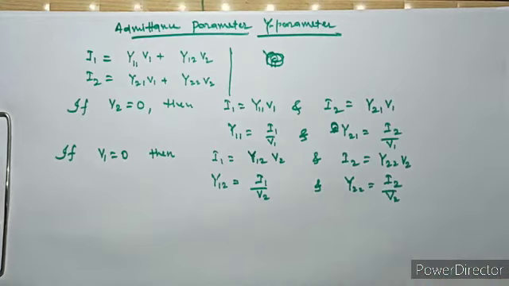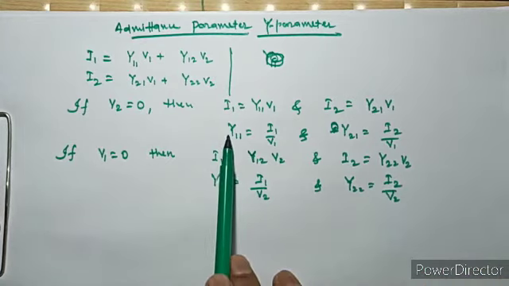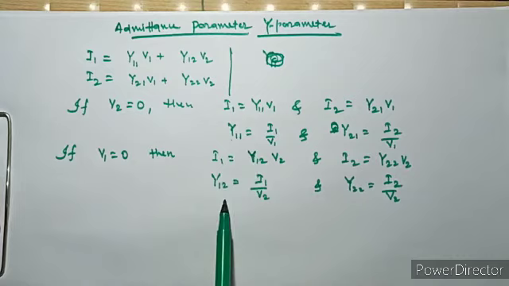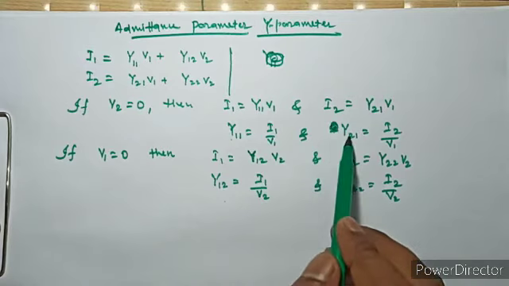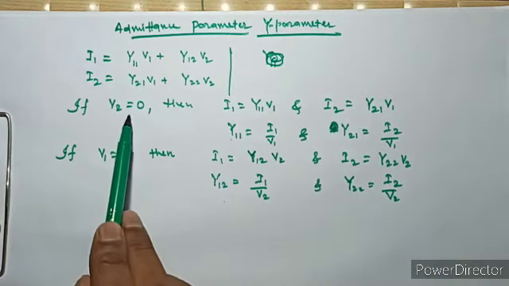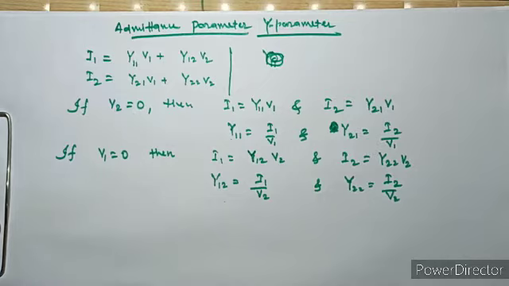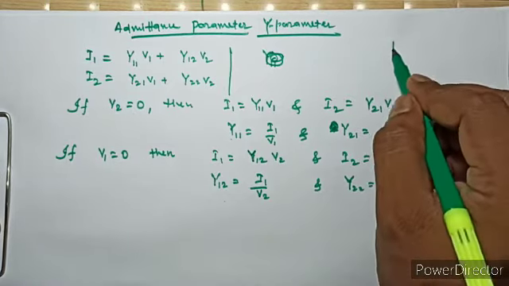Now see how we have got Y11, Y21, Y12, Y22, right? The first two parameters we got when V2 was 0, and V2 equal to 0 means we are short circuiting the port.